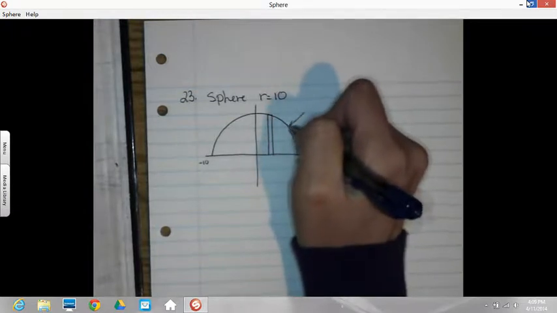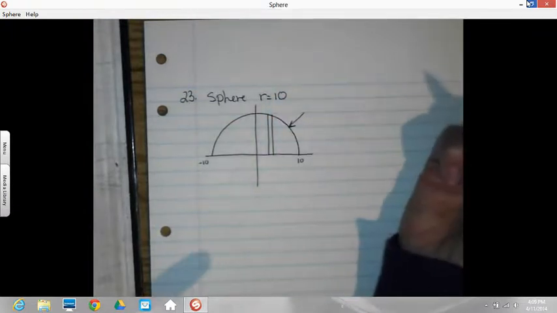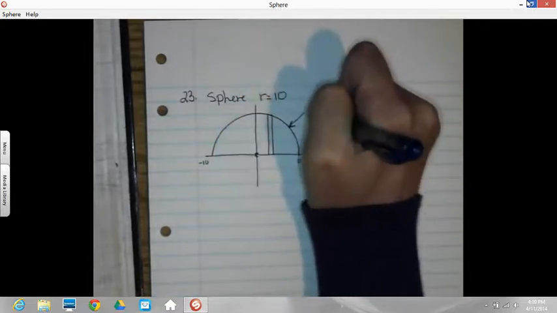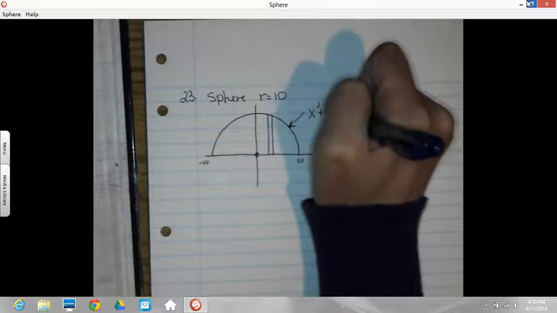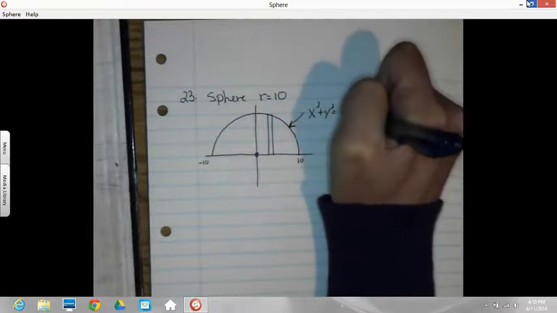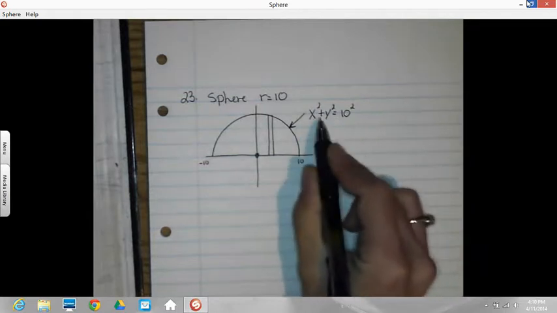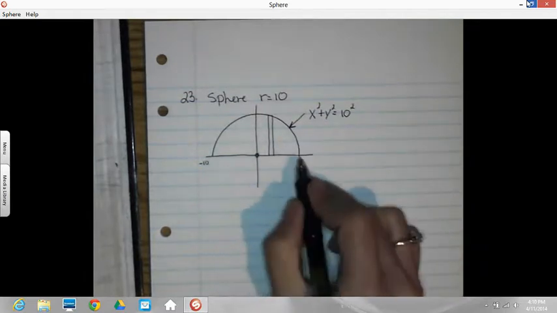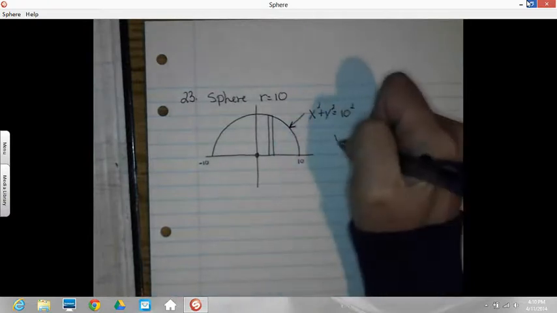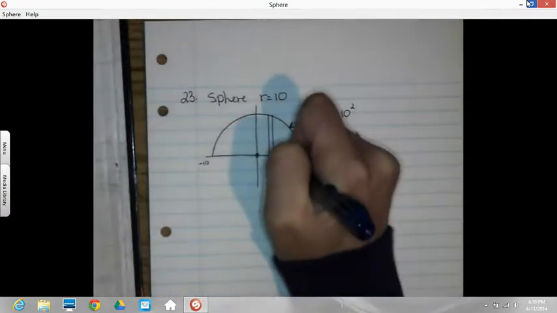They didn't give it to you. You have to know that that was a circle, and the formula for a circle centered at the origin is x squared plus y squared equals the radius squared. So you're going to have to rearrange that to get it in the form you need. Your boundaries are here, and because the rectangle is touching the axis, we've got a cylinder again.